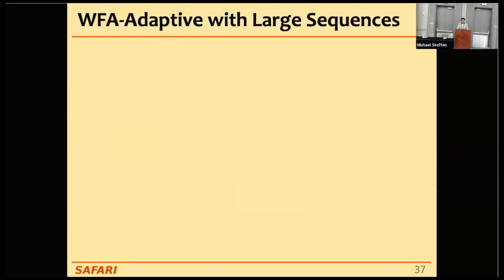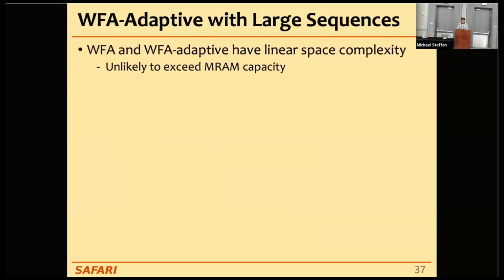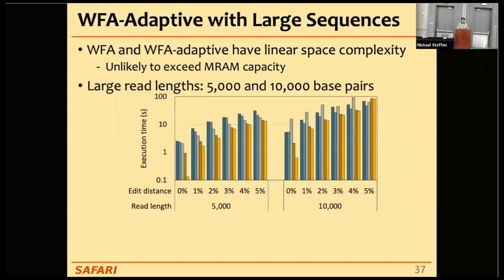But that's not the case for other algorithms. For example, the WFA-Adaptive, which is more state-of-the-art than Needleman-Wunsch or Smith-Waterman-Goto, we see that they have linear space complexity, and that's good because it's unlikely that they will exceed the DRAM capacity, the MRAM capacity. And what that means is that we can go for pretty large read lengths.